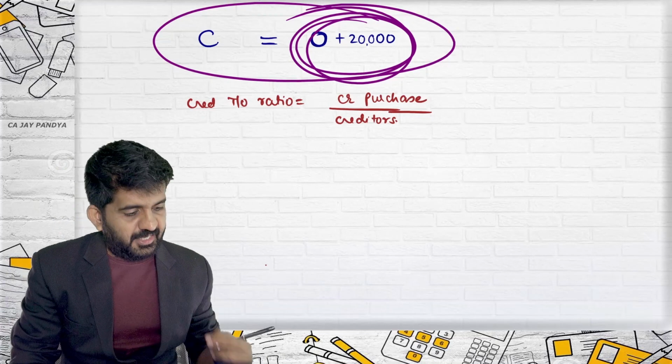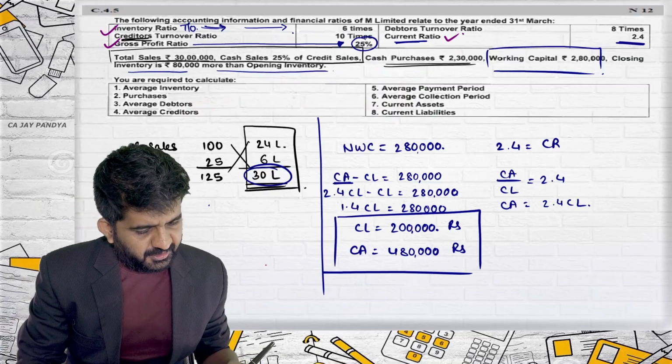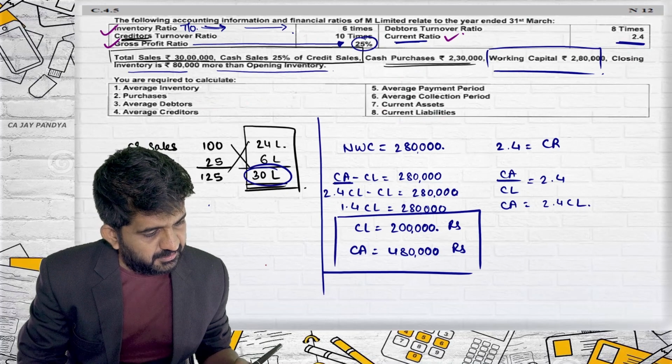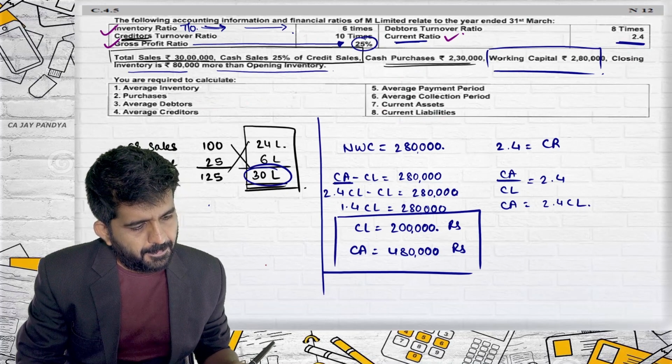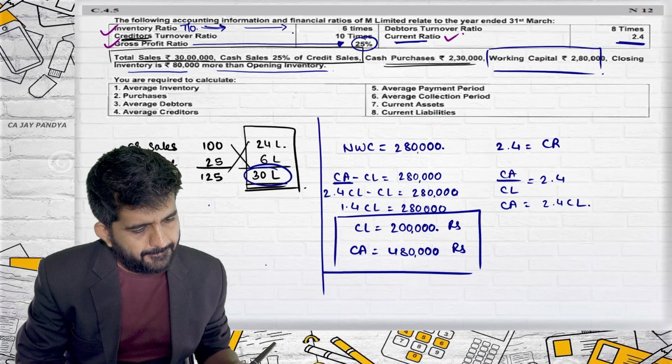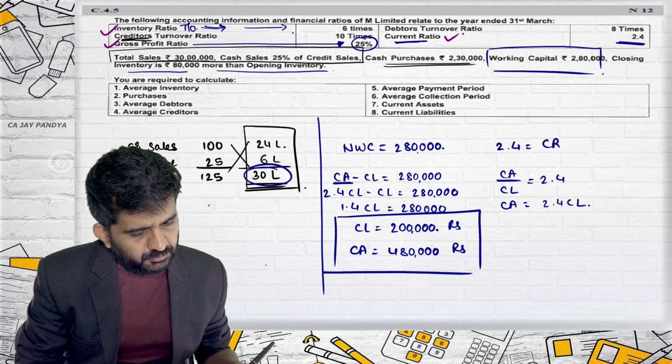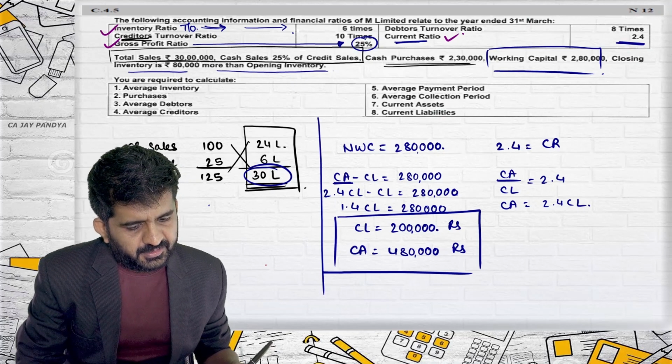Now neither creditors nor credit purchase is available. Can anyone help me out?